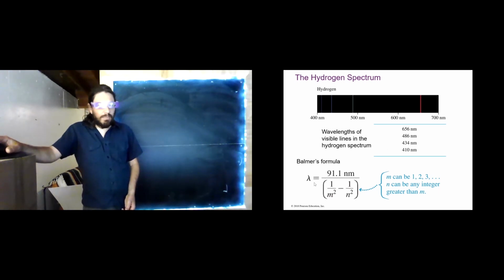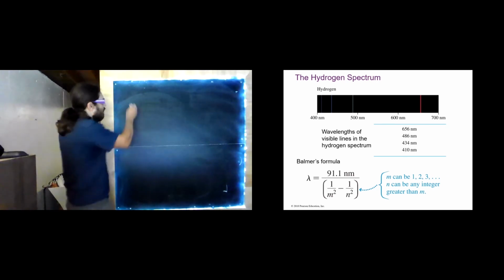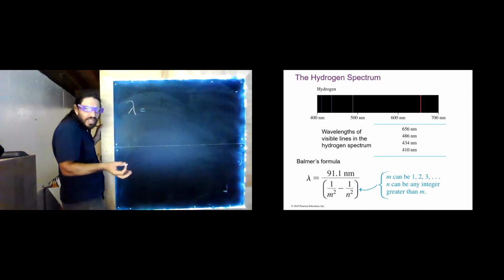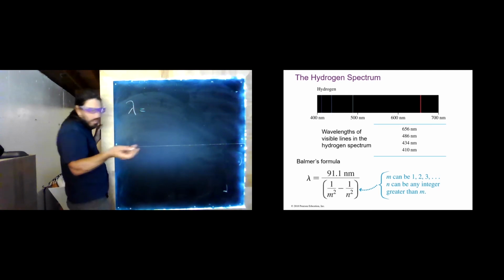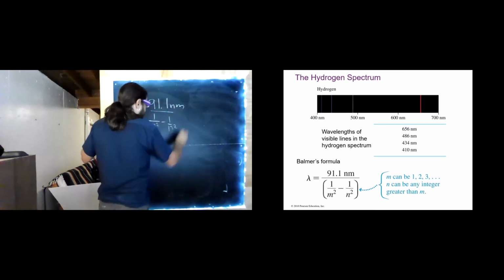Applying this formula, he could come up with these lines. That's pretty interesting. And again, he came up with it empirically. He just noticed that it fit. He didn't really know why it fit, or even have a good theory as to why, but he just noticed that it did.